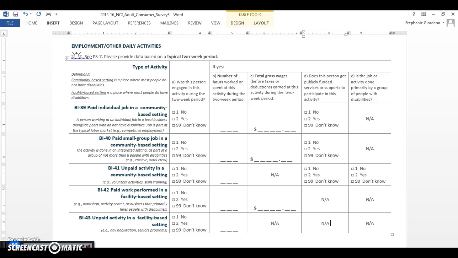For activities that are paid, we ask for the total gross wages over a 2-week period, whether the person gets publicly funded services or supports to participate in the activity, and whether the job is performed primarily with a group of people with disabilities.